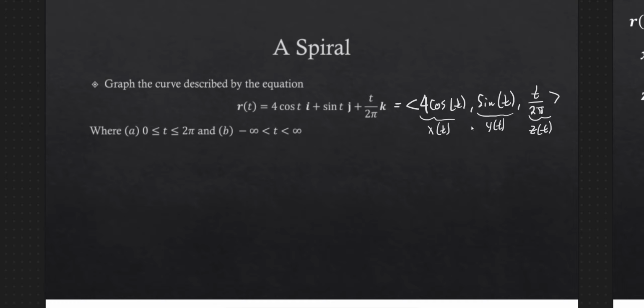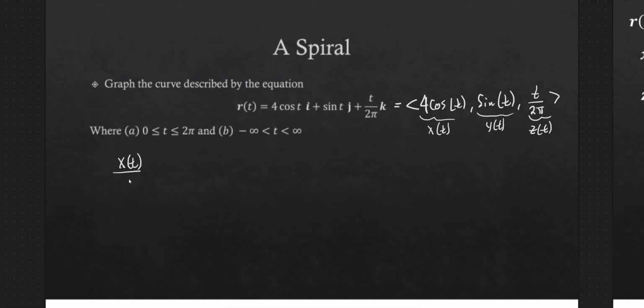So I'm going to divide the x component by 4, square it, and add it to the y component squared. That's going to give me cosine squared plus sine squared. I want to divide by 4 first before I square it, so I get that 4 out of there first.